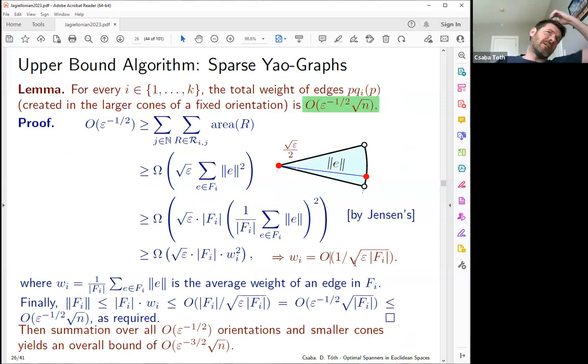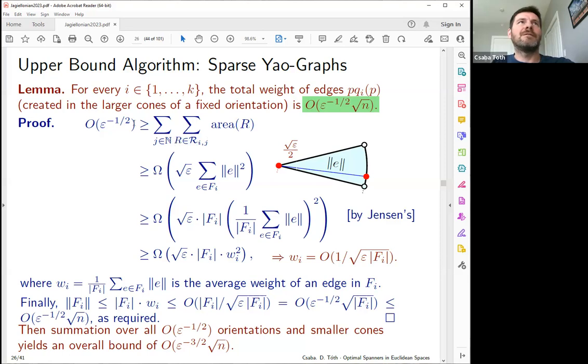And this is the last slide, for the area-to-length bound, which is just Jensen's inequality. We have an upper bound of the total area of these empty sectors for one fixed orientation, summed over all possible sizes and different sectors.